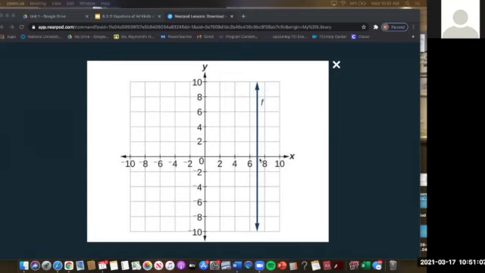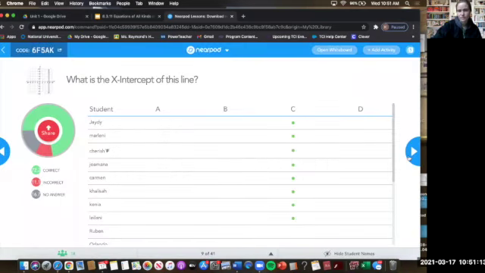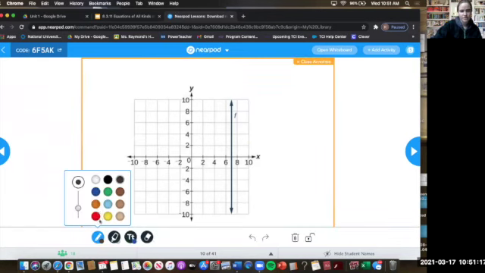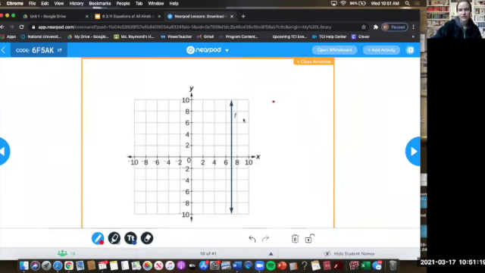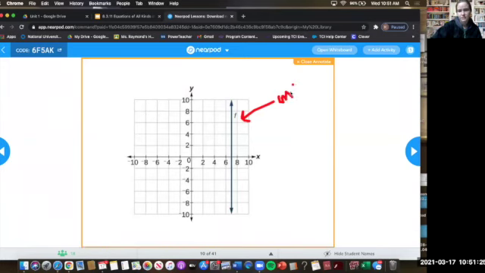Perfect, perfect, perfect. So this is what we call our x-intercept. Let me show you something. She's absolutely right. This is an undefined slope. So that means in our equation, we're not going to have a slope. Undefined.